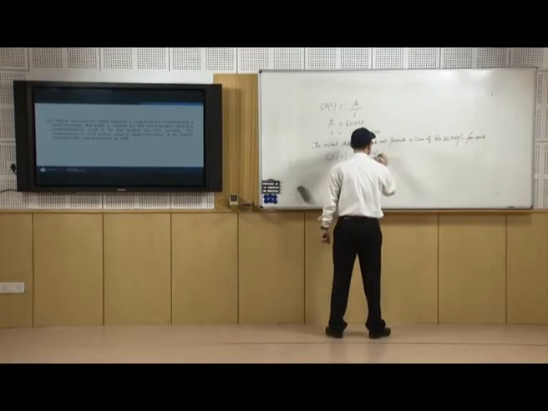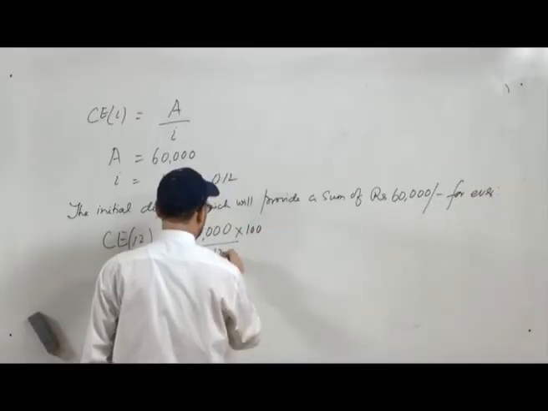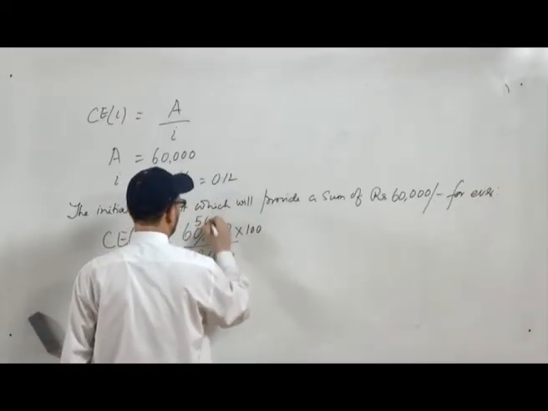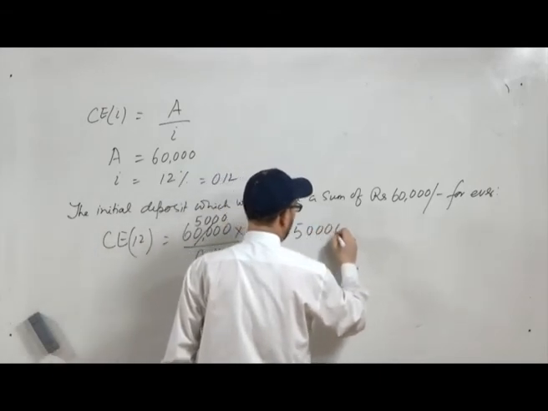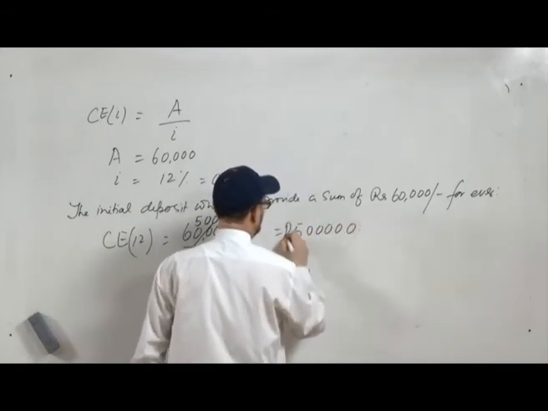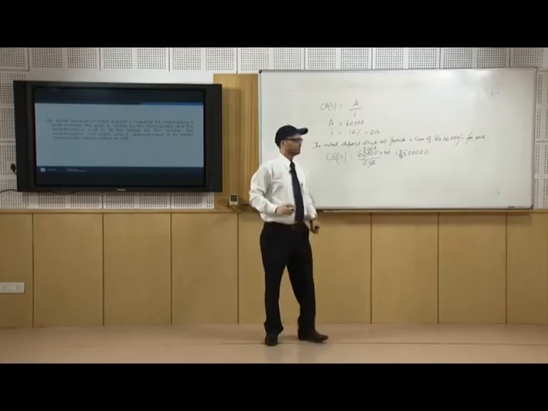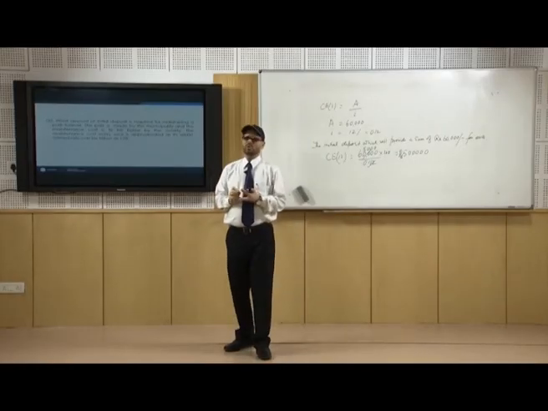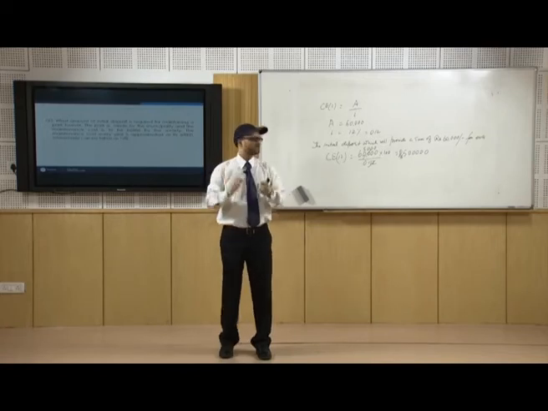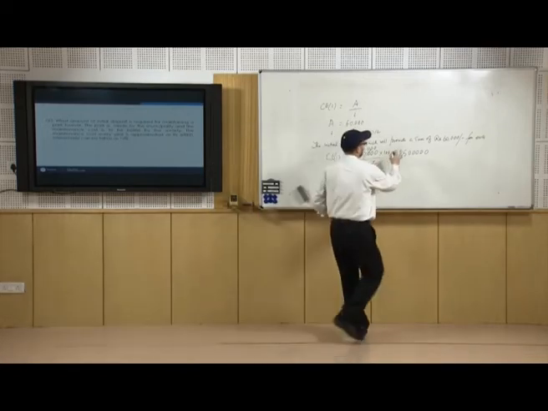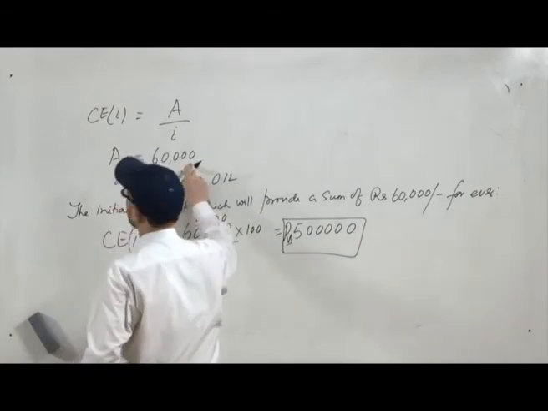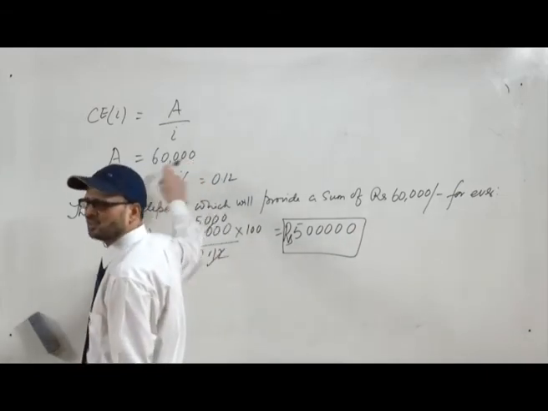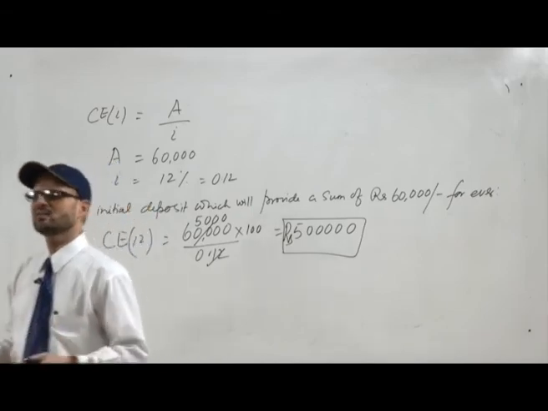So, this comes out to be rupees 5 lakh. If there is this initial deposit, it will give you an interest of rupees 60,000, which will be used for maintaining the park forever.